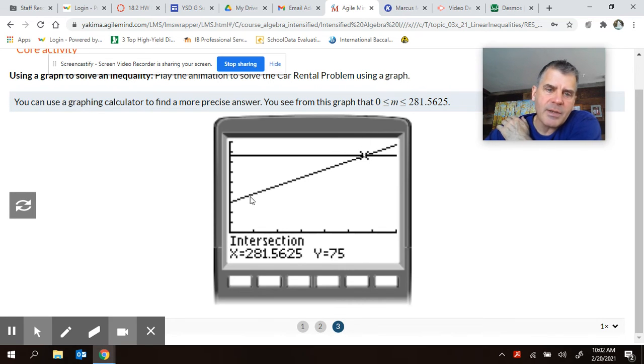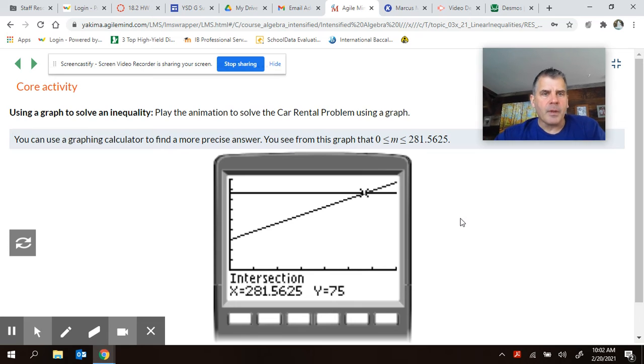So all the values less than that but greater than 0 represent how many miles you can drive and not go over the top of that $75. See, this is the $75 mark. So from that point on, all these values for the miles you've driven will be less than that $75, and the graph shows you that. It's pretty powerful. Okay, that is this part of the core activity that finishes it up.